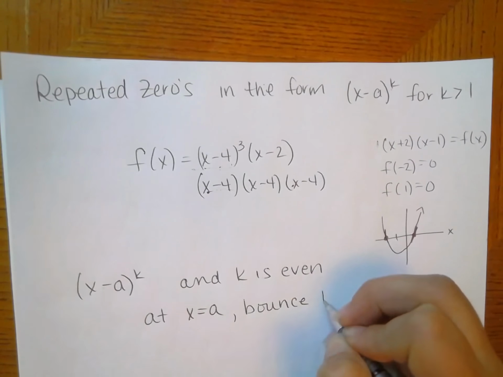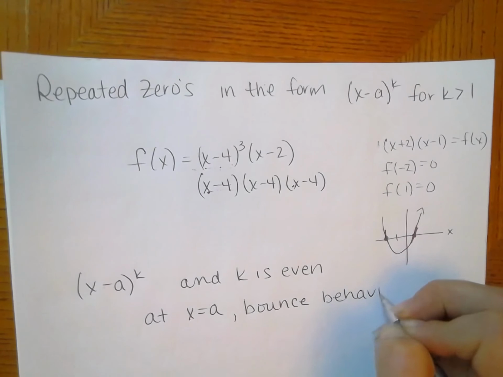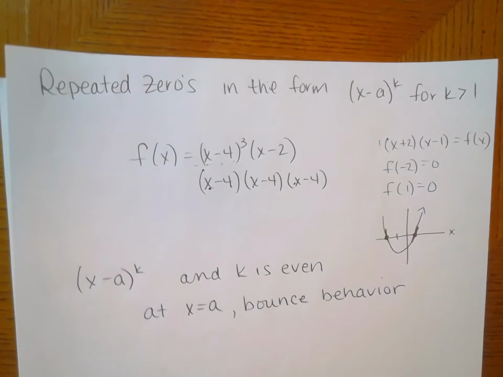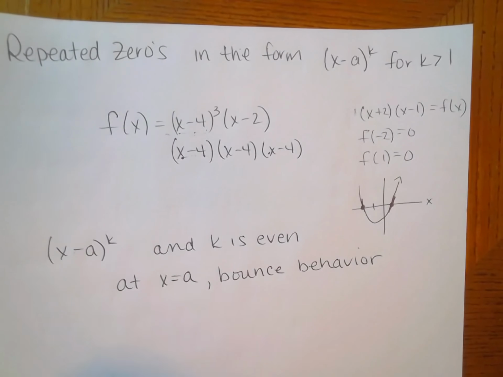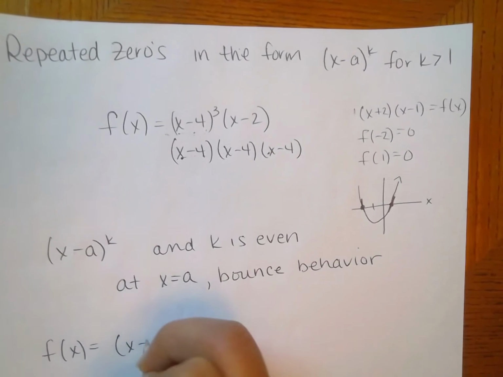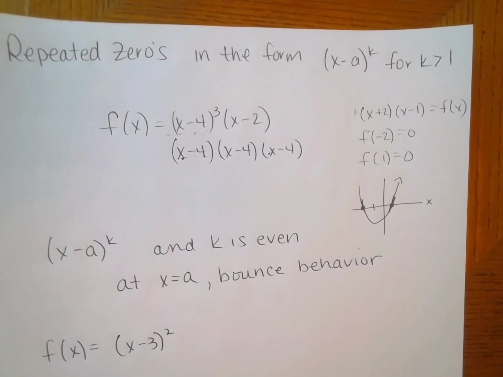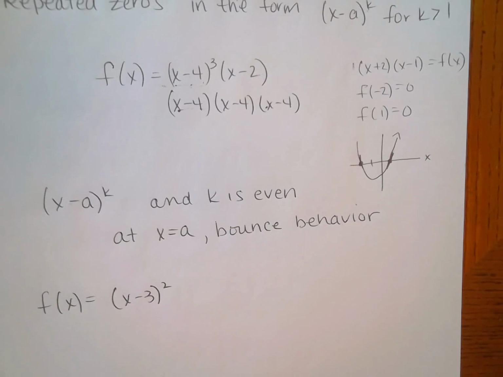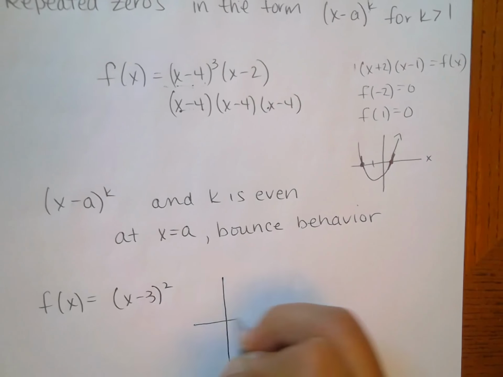It's bouncing behavior. For instance, if I stick with my quadratics and graph f of x equals x minus 3 quantity squared, here I have a repeated zero where k is even.